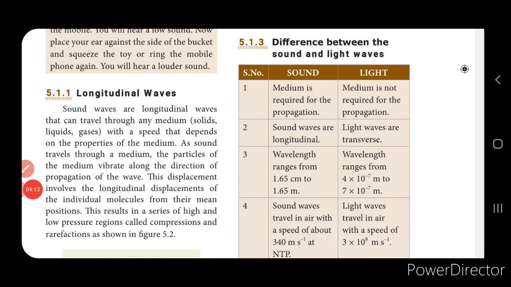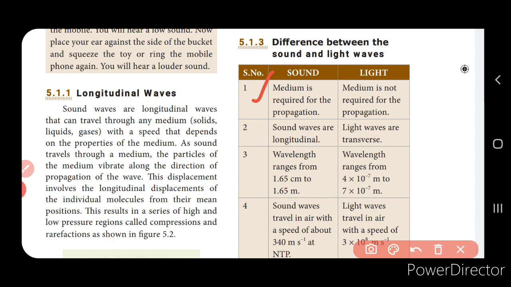And now the next one is the difference between sound waves and light waves. Sound requires a medium. In vacuum we cannot hear sound. You would have learned an experiment in the lower classes, where you take a ringing bell and place it inside a jar which is evacuated, in the sense that the air is pumped out from the jar.